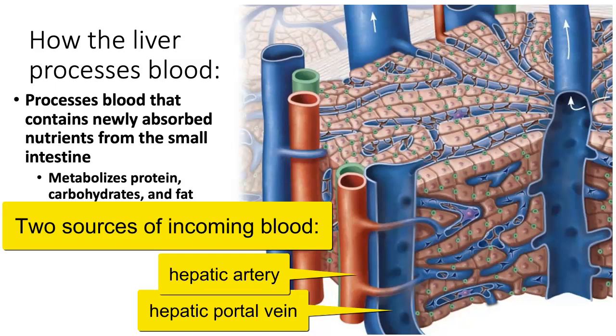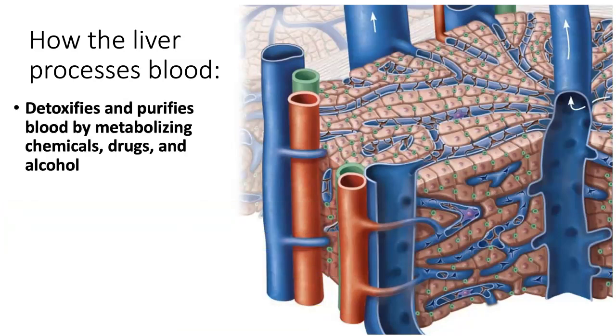It will metabolize protein, carbohydrate, and fat present in the blood. The liver will also further process this blood by detoxifying and purifying it, and it does that by metabolizing chemicals, drugs, alcohol, and anything other than nutrients that is present in the blood.